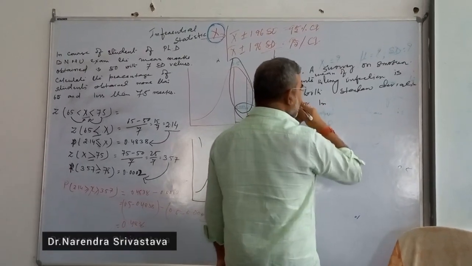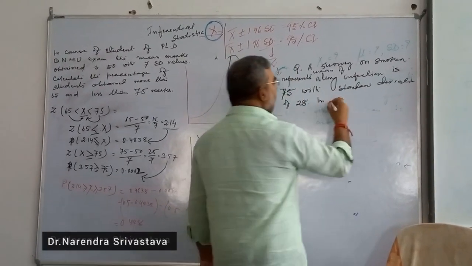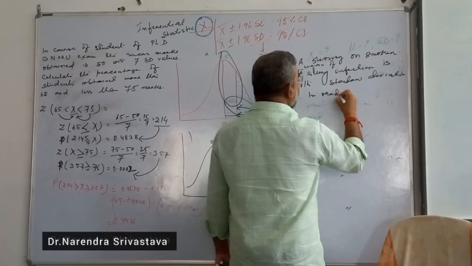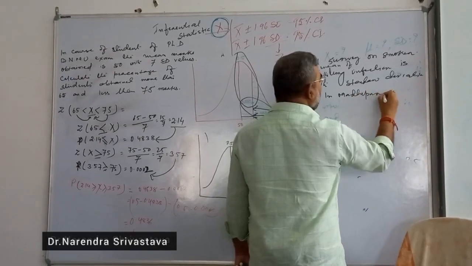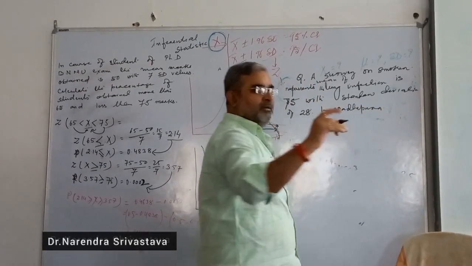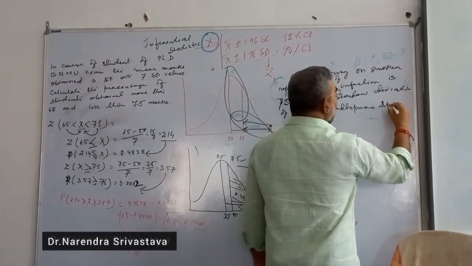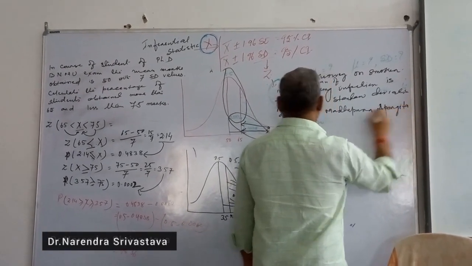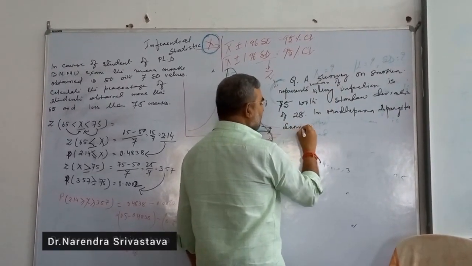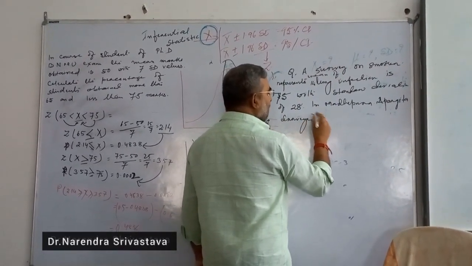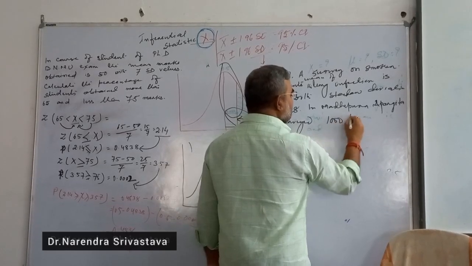In Madhepura, Aparajita surveyed a 1,000 population.